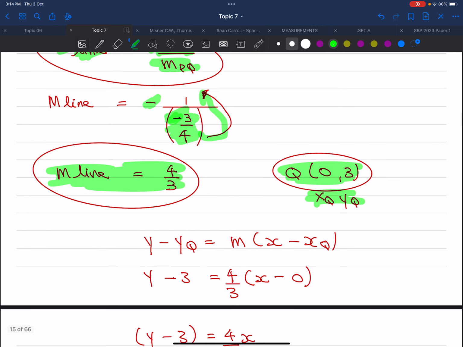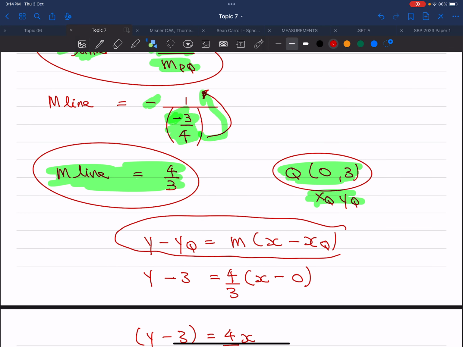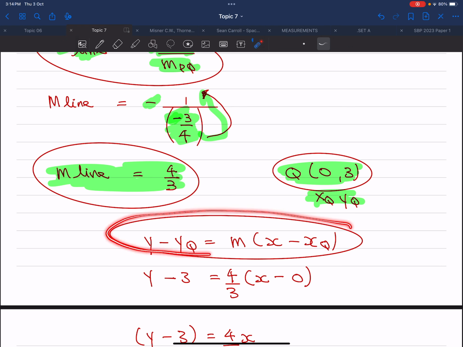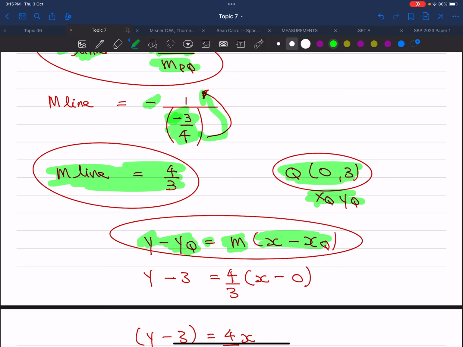Now we use the formula for the equation of a straight line: y minus yq equals m times x minus xq. I remind you that xq and yq are the point on the line.